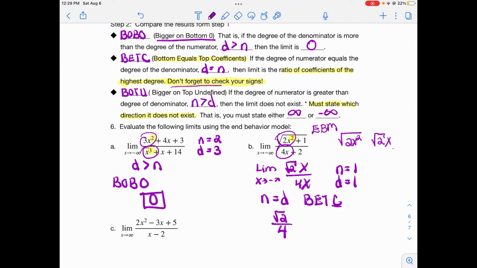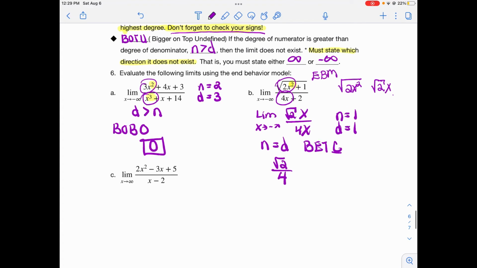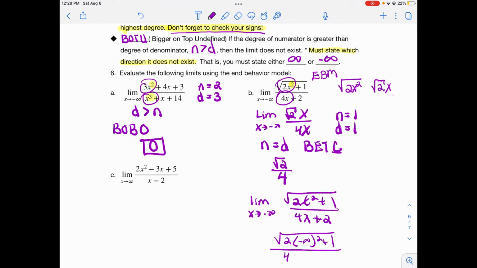But I have to remember to check my signs. Is this going to be positive the square root of 2 over 4 or negative the square root of 2 over 4? To do that, I go back to my original problem, the limit as x goes to negative infinity of the square root of 2x squared plus 1 over 4x plus 2. I'm just going to plug in negative infinity, and I'm not really caring about what it is, just whether it's going to be positive or negative.